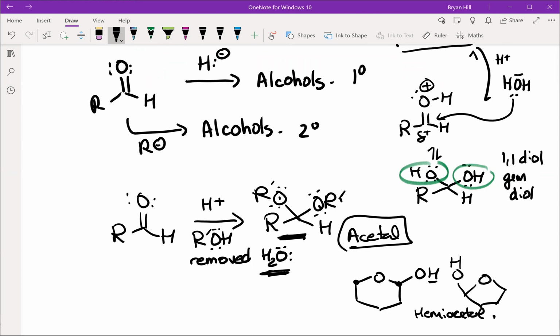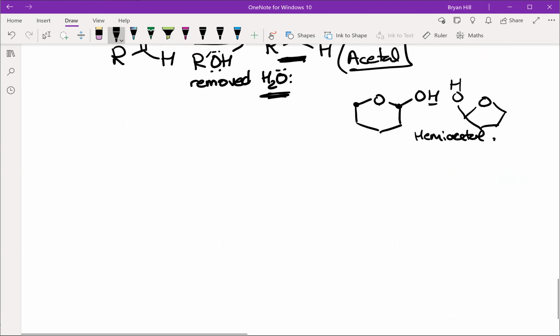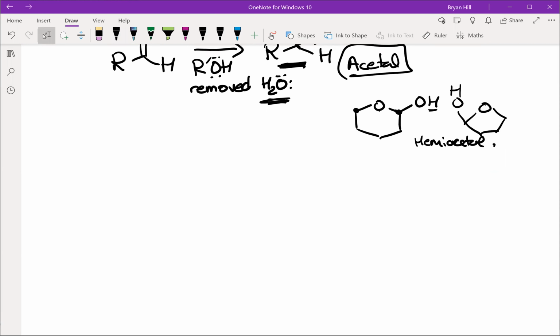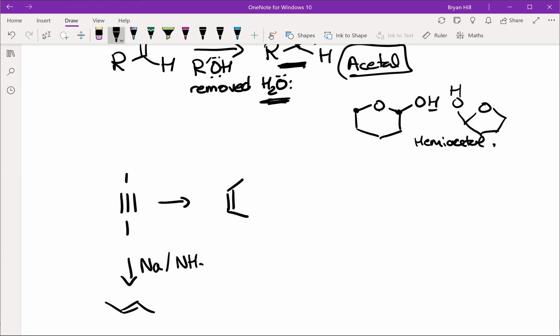Good, okay, let's see here. So we already talked about if you have a triple bond, you can make the cis or the trans alkene using H2 and Lindlar.